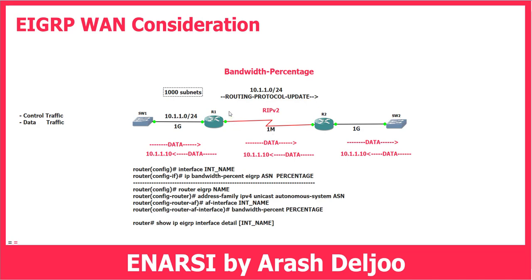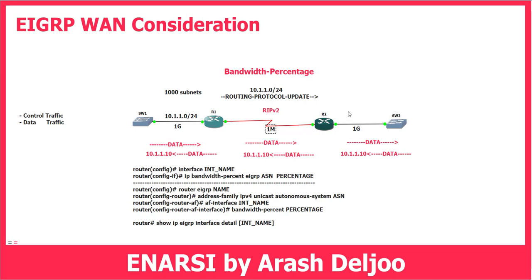When you are sending the routing protocol update from R1 to R2 in RIP, this can consume all of the bandwidth of the link, and this is not so good. Why? Because when you are consuming all the bandwidth of the link, R2 cannot send traffic over this link to R1, and R1 also cannot send data traffic to R2.